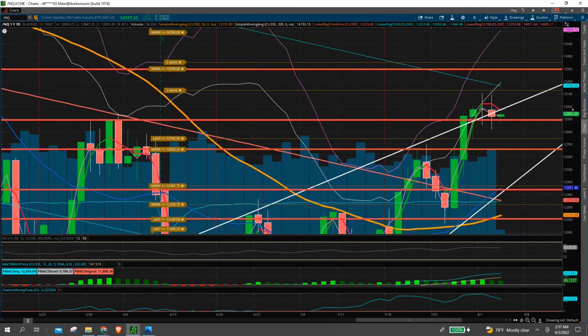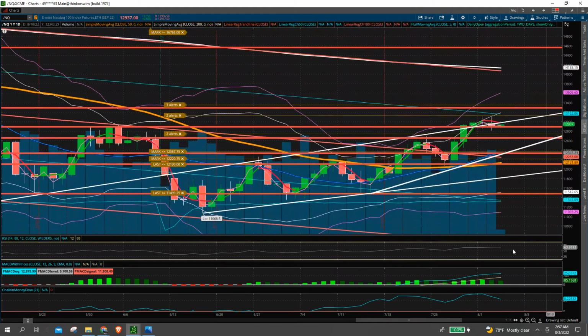With that being said, if we look at some of the other technicals, my Chaikin is above zero, my MACD is above zero, my RSI is fairly stable. It's not in the overbought or oversold zone.